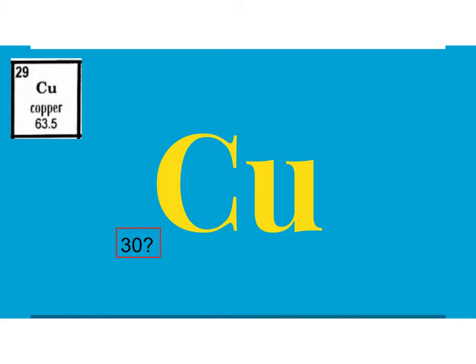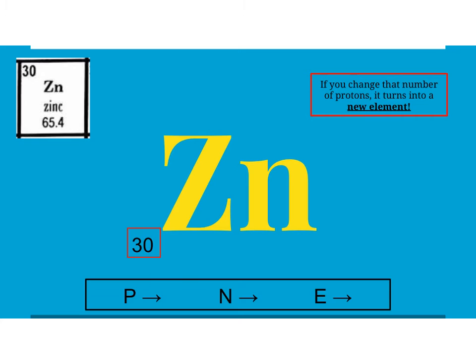But what would happen if instead I wrote 30? If I change the number of protons, do I still have copper? Well, I look on my periodic table and 30 is a different element. So now I have zinc.